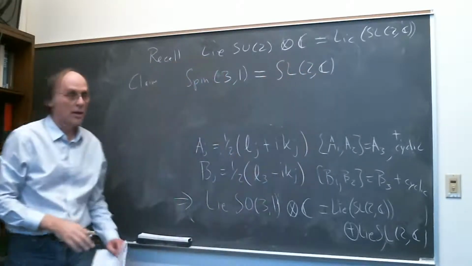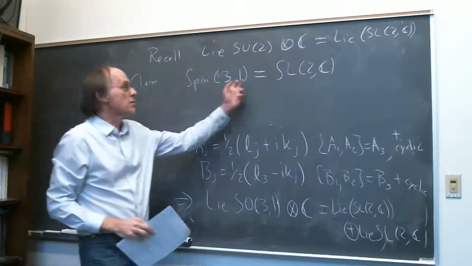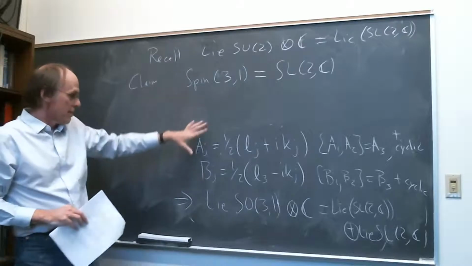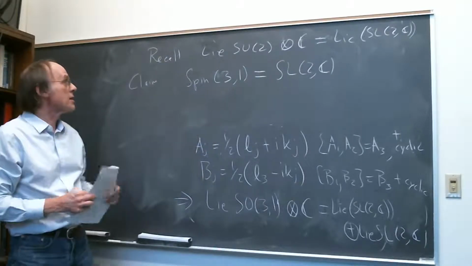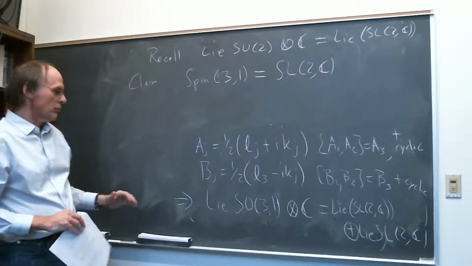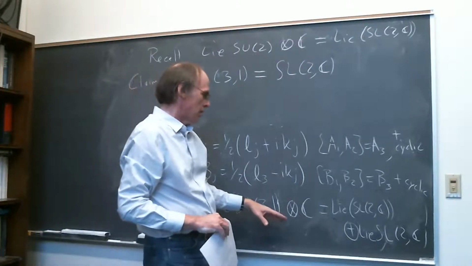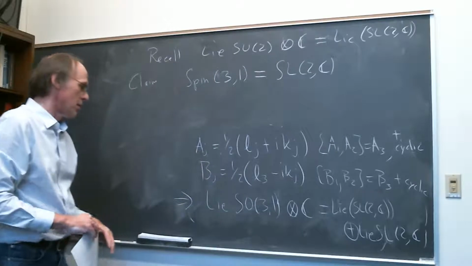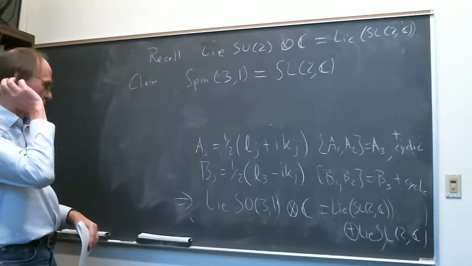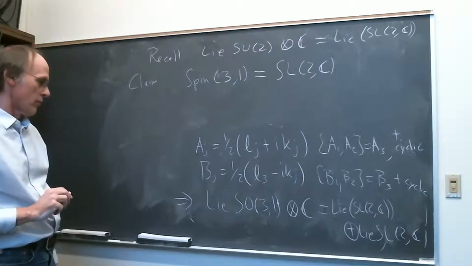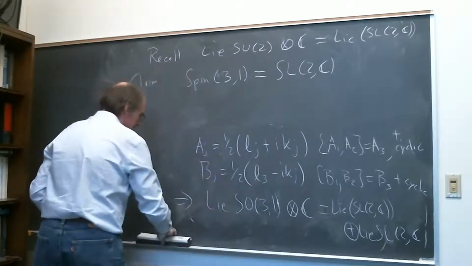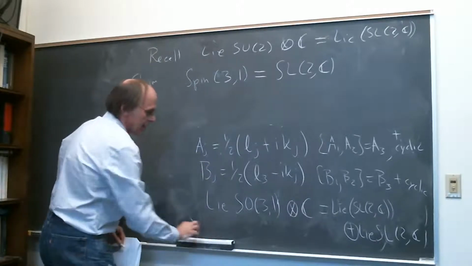Okay. So we want to understand, the next part of this will be trying to show this. Actually, maybe before I do this, let me just say a bit more about what happens at the Lie algebra level.